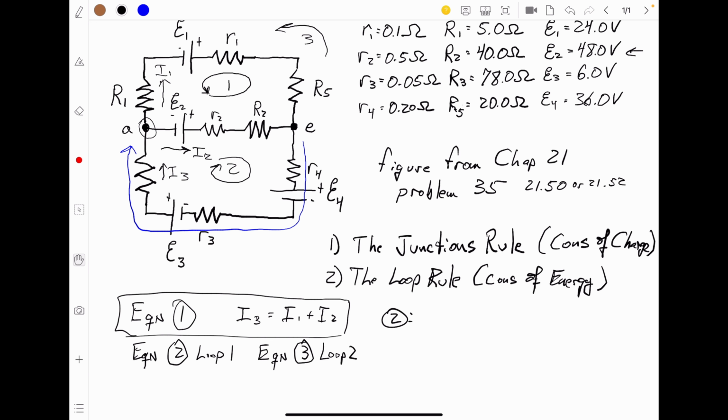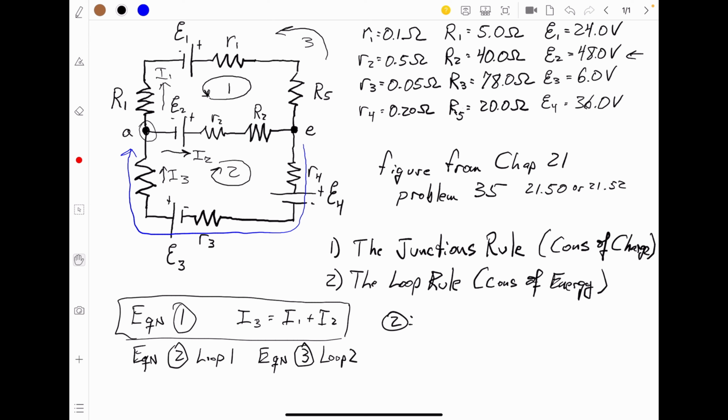So what did I say I was going to do? I'm going to start at E2 and work my way around. When you start at one point and you end up back at that same point, because you're using conservation of energy, you're adding and subtracting. If you go from one point to another, but it's the same point, you should always end up with 0.